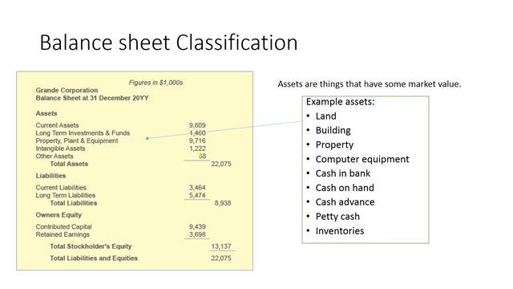The first area is called assets. In this first area we put all the assets. Assets are things that have some market value, for example, land, building, property, computer equipment, cash in bank, cash on hand, cash advance, petty cash, and inventories. These are all your assets.